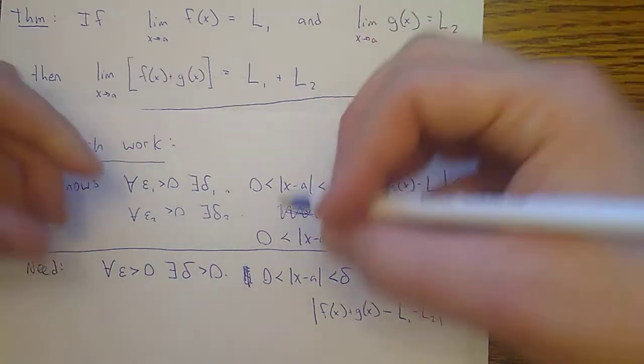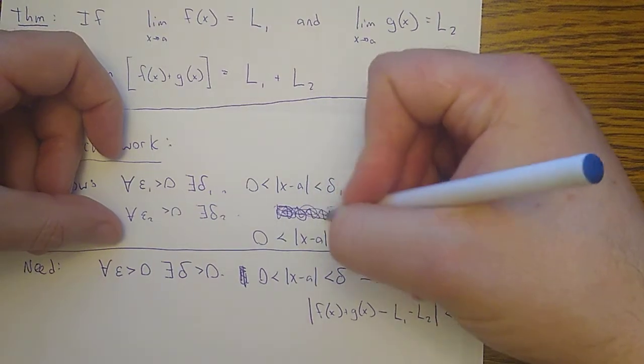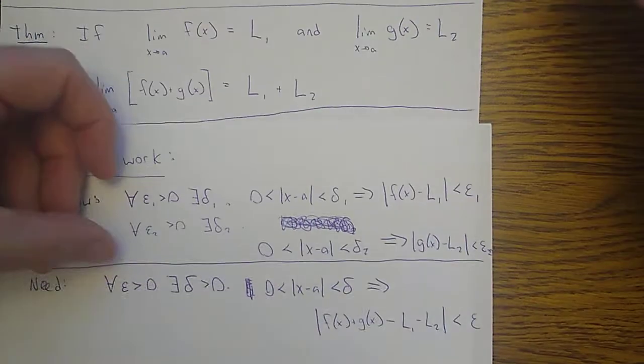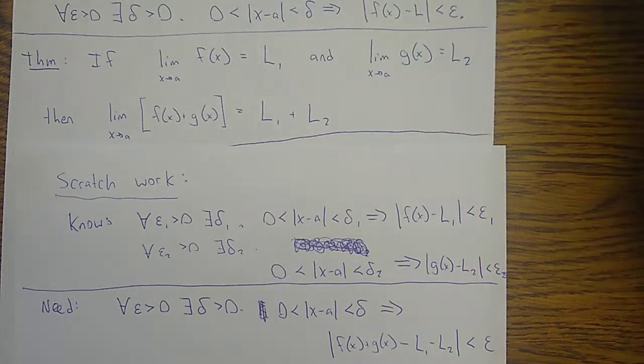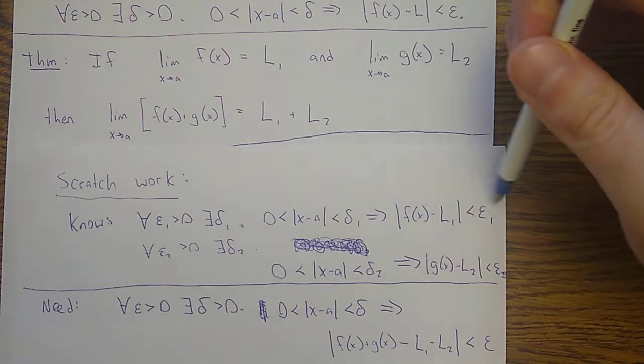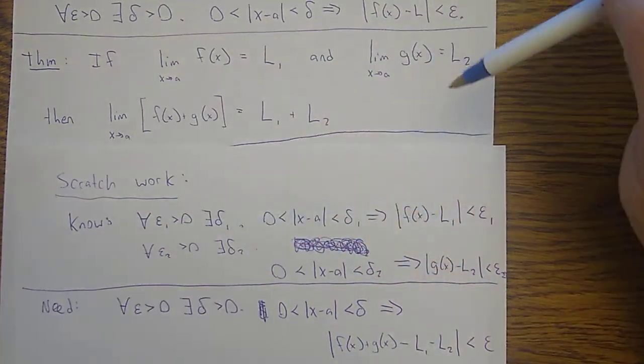So I didn't do a whole lot just now. I just translated, because whenever you make a statement like this function has this limit, that means an equivalent statement about some epsilons and deltas.